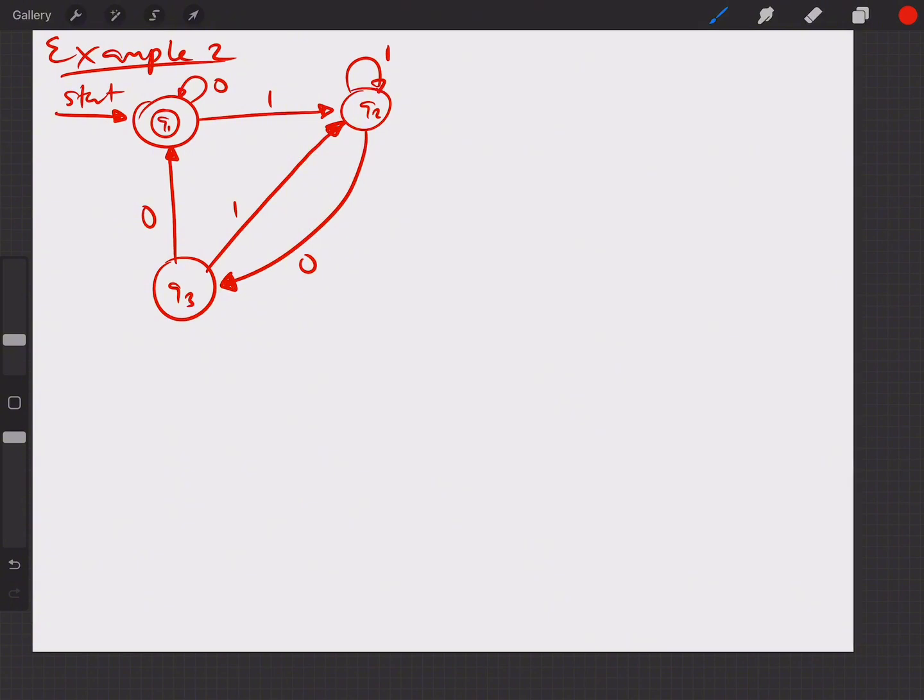Writing out the state regular expression equations, we have Q1, which receives Q1 on 0, or Q3 on 0, or empty.